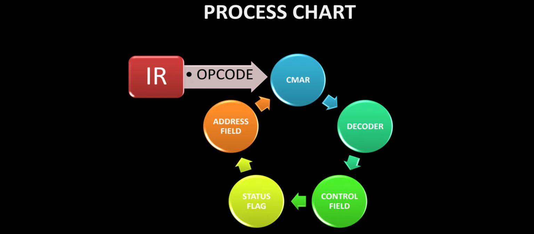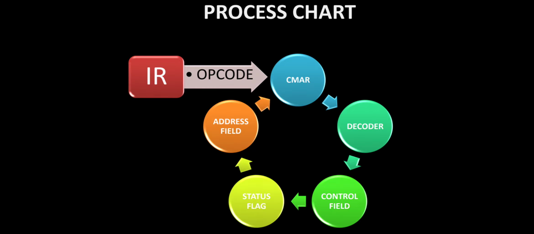The CMAR means, as I said, the control memory address register. Then the address passes to the decoder, and the decoder identifies the corresponding microinstruction, and it will be placed in the control memory.